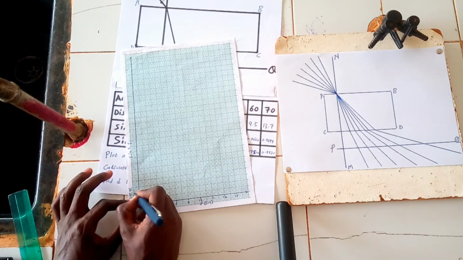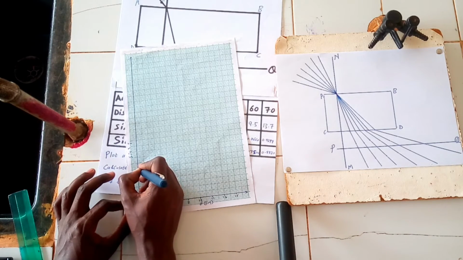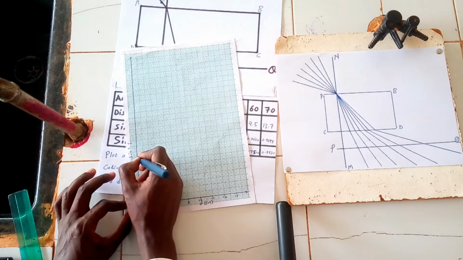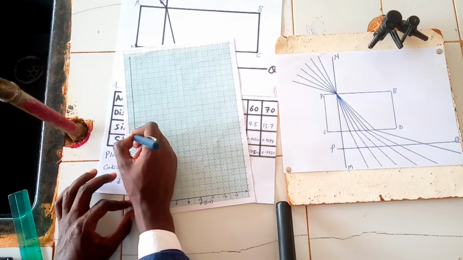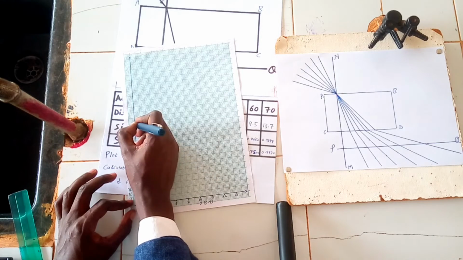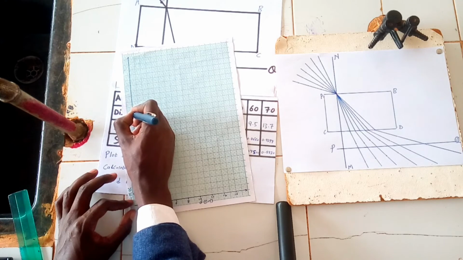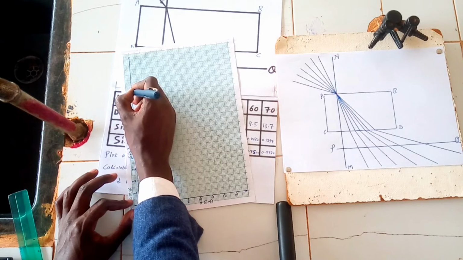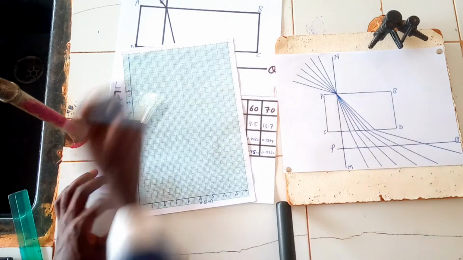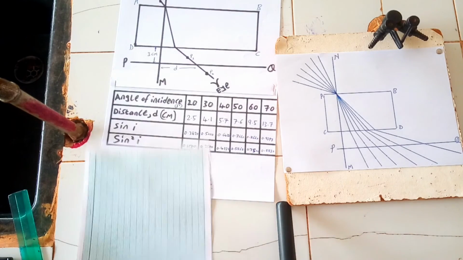So 0.1, 0.2, 0.3, 0.4, 0.5, 0.6, 0.7, 0.8, 0.9, 1.0. So we are done with the scale now.